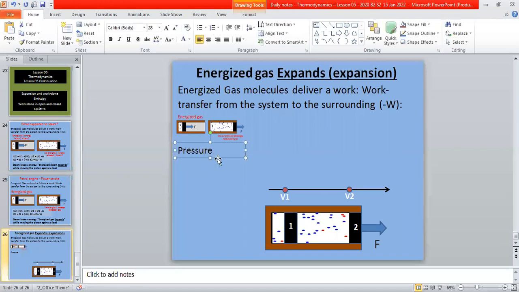So there is a parameter called pressure. Okay, so you may have some understanding of pressure. I'm not discussing pressure at this time, but I'm going to say one thing about pressure.